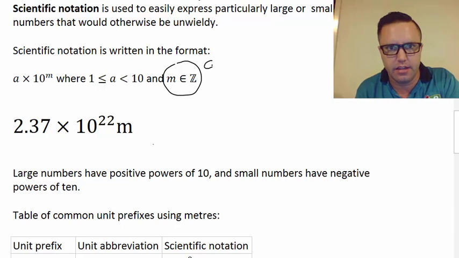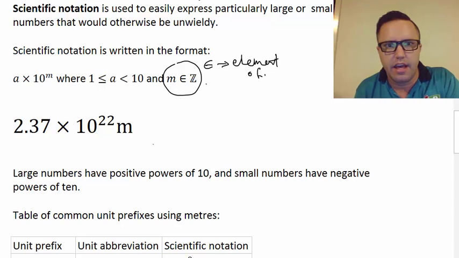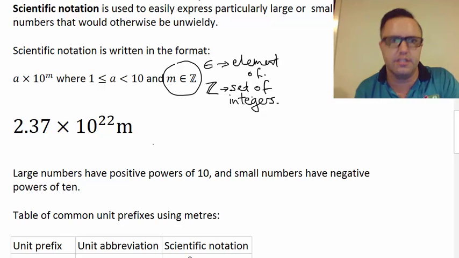So this little symbol here means element of, so it's inside that set, and the Z that's written all special like that means the set of integers. Okay, all the integers that exist.